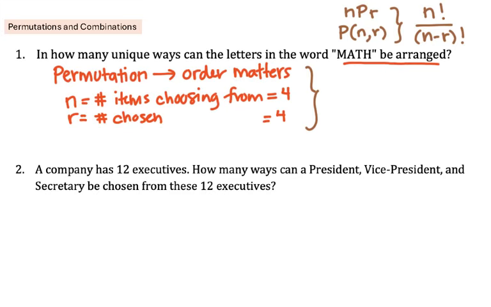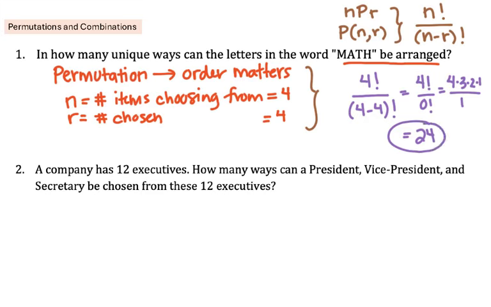So in this case, it's going to be 4 factorial over 4 minus 4 factorial, which is 4 factorial over 0 factorial, which, by the way, 0 factorial is always 1. So it's 4 times 3 times 2 times 1 divided by 1, and we end up getting 24 different unique ways to rearrange those letters.